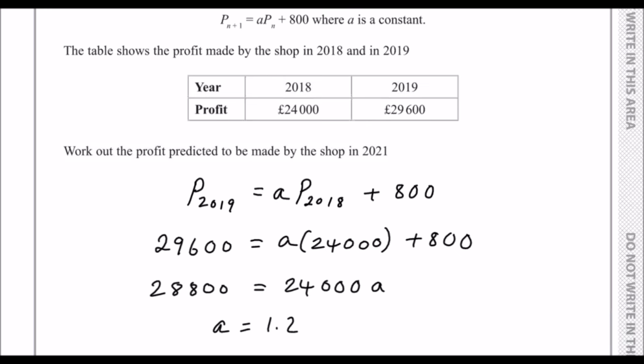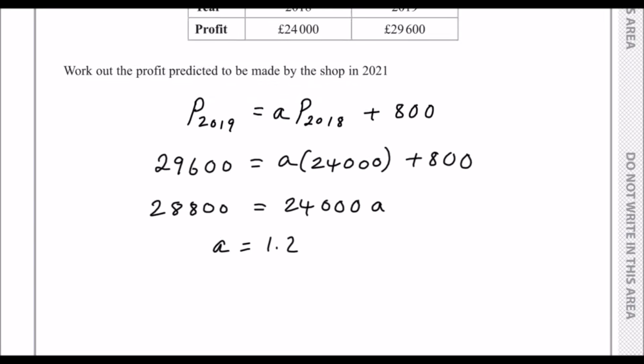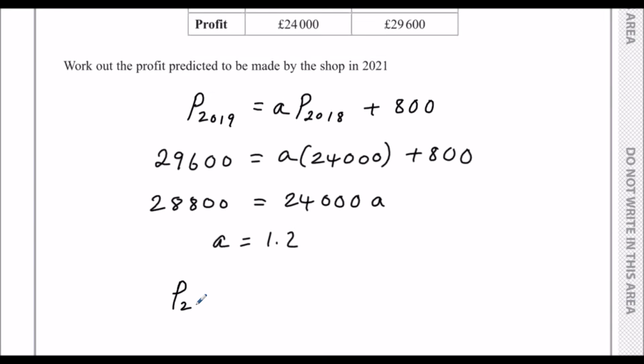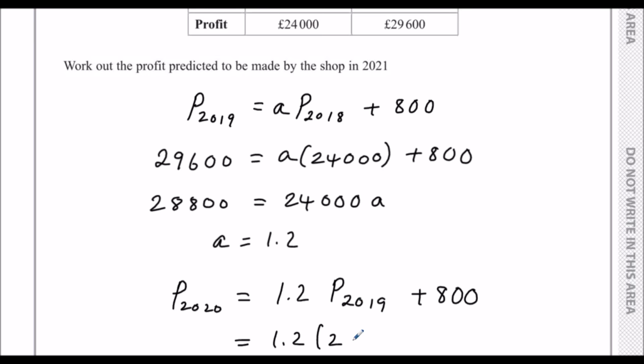So now we've got our formula. The profit in 2020 will be 1.2 times the profit in 2019 plus 800. And we know the profit in 2019 was 29,600.